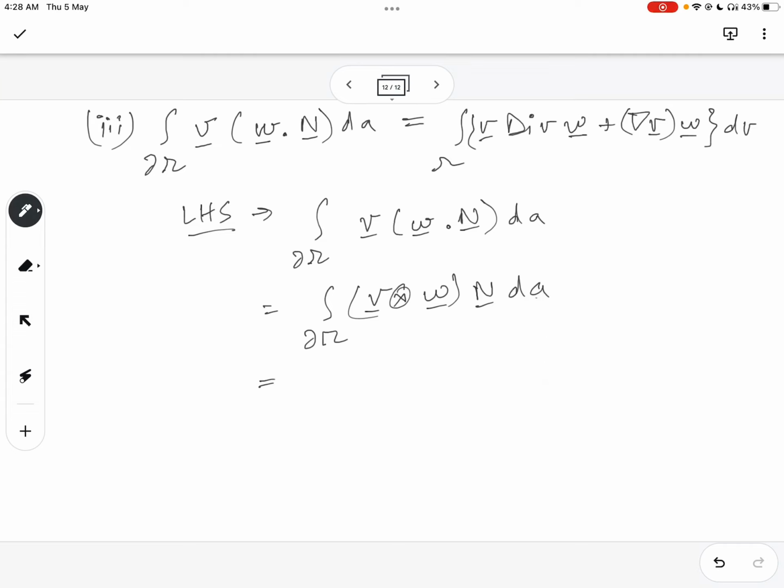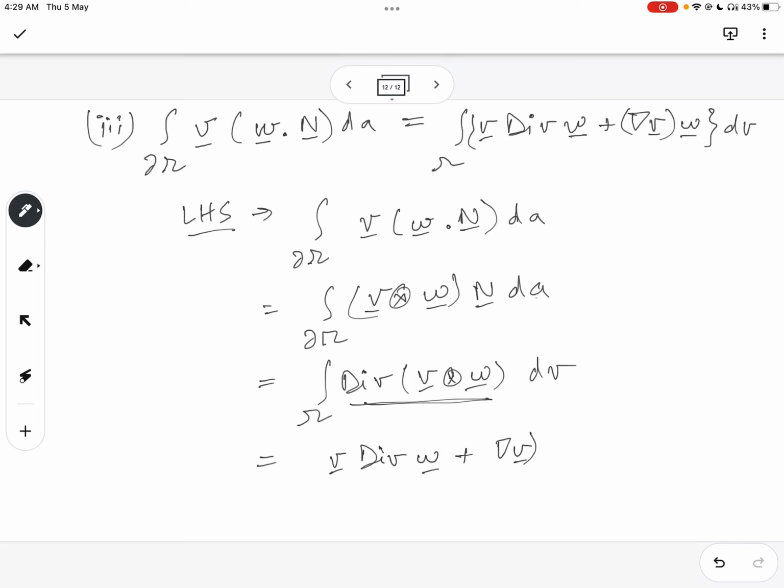Using the divergence theorem, this can be written as the divergence of v diadic w, dV, volume integral on omega. And as we have seen already before, this is nothing but v divergence w plus del v acting on w. Hence, LHS is equal to RHS.